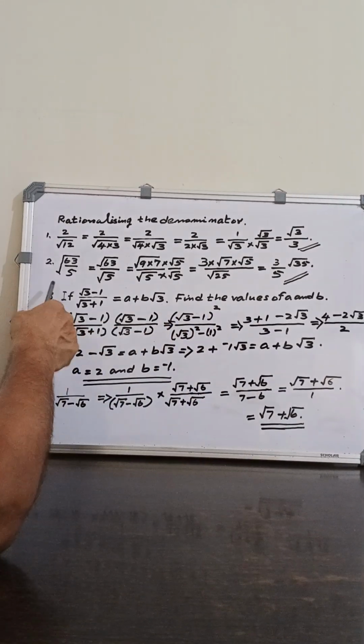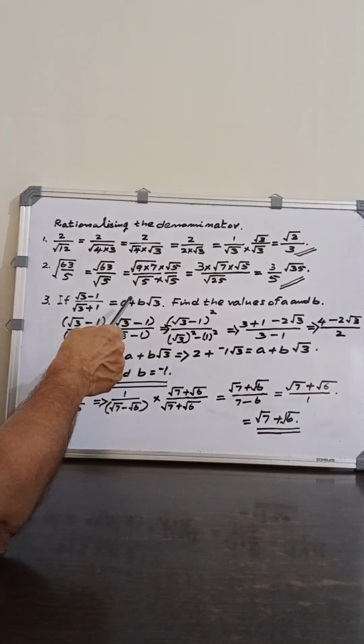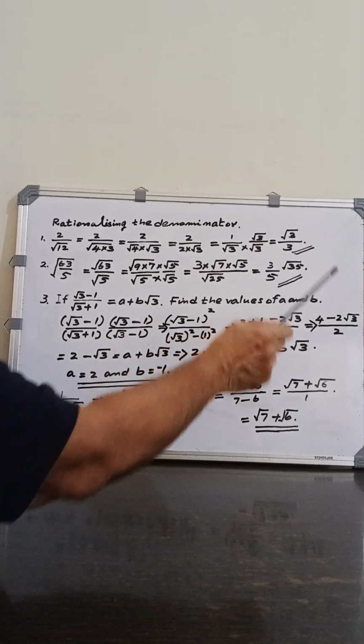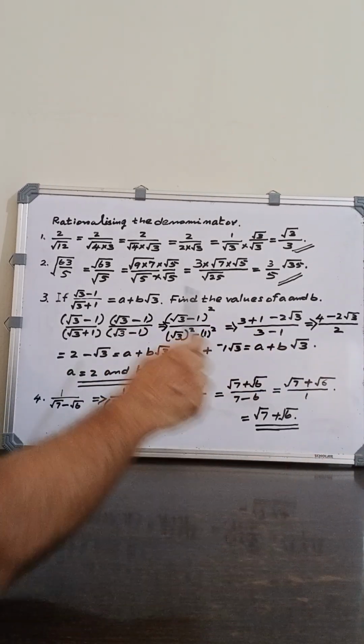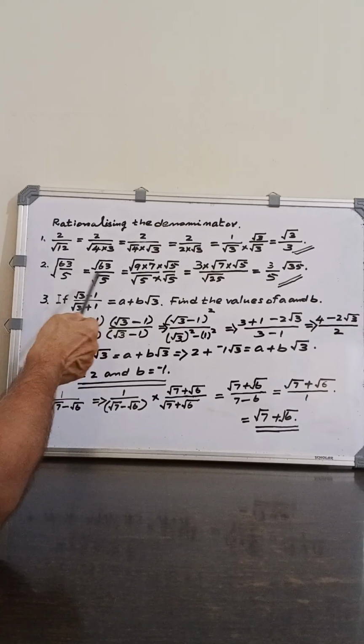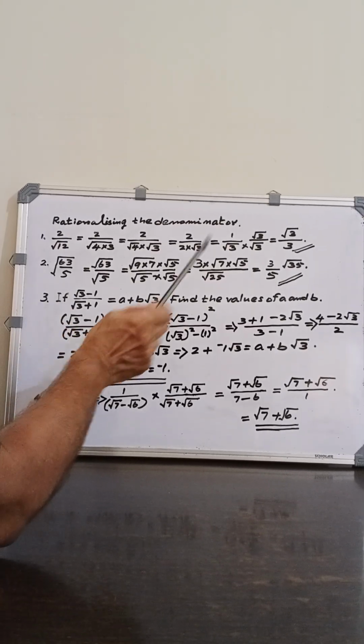There is a third question. If root 3 minus 1 by root 3 plus 1 equals a plus b root 3, find the values of a and b. Here, root 3 minus 1 by root 3 plus 1 is an irrational form, equal to a plus b root 3.